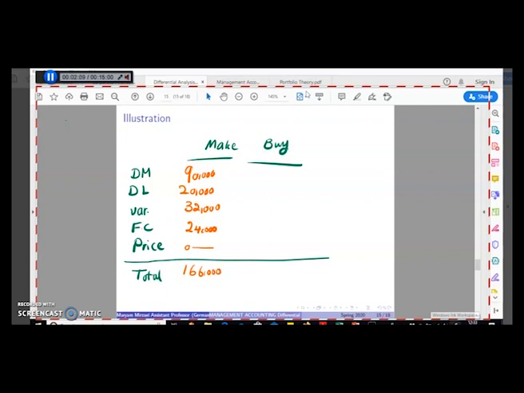Now, I want to calculate the total cost for buy scenario. So, if I just directly buy it, I don't have direct material, I don't have direct labor, and I don't have variable cost. But then I will have some other types of cost.